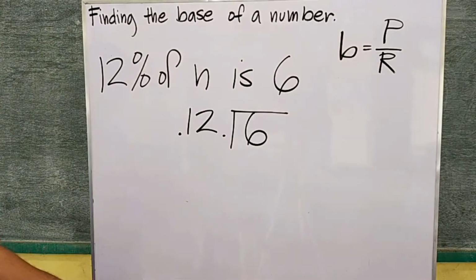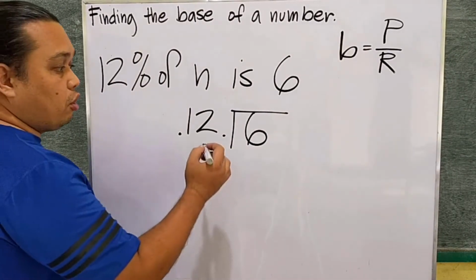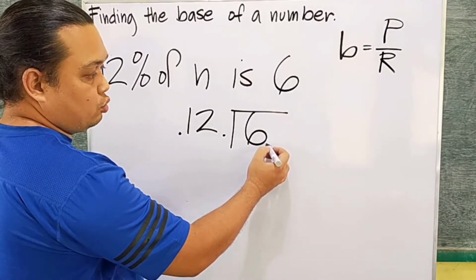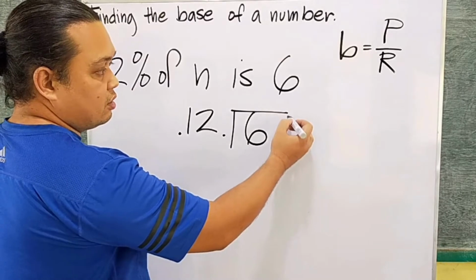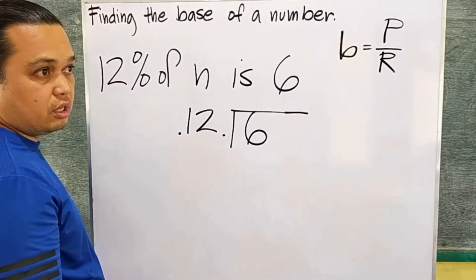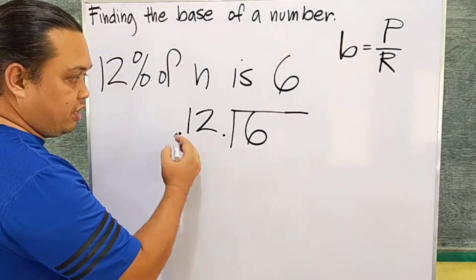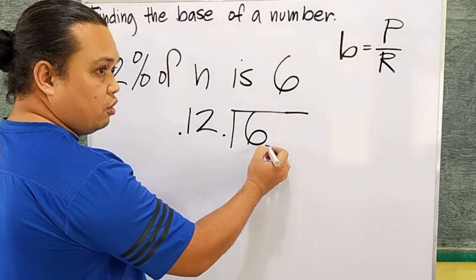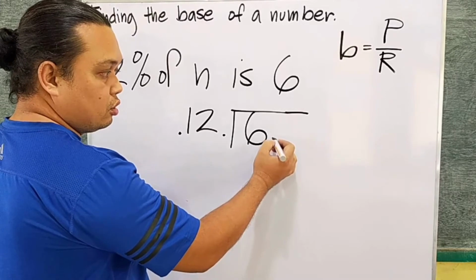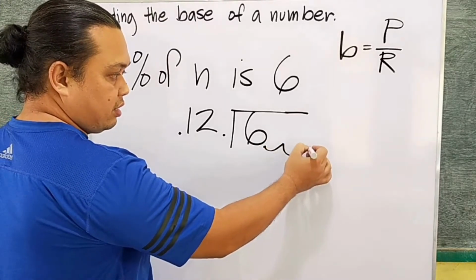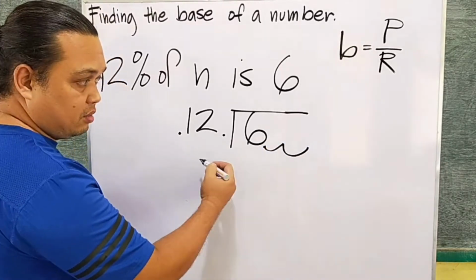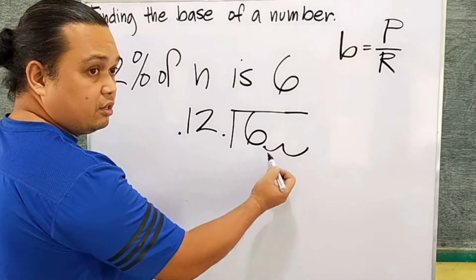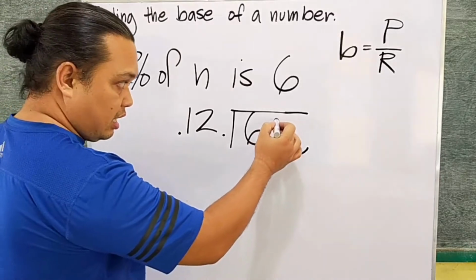But to equalize that, we also need to move the decimal point here 2 steps to the right, because it depends on how many steps we move for our divisor. Since there's a blank place value here, all we need to do is just add 0.